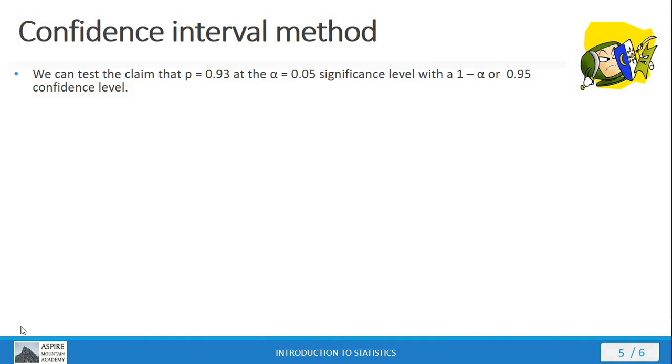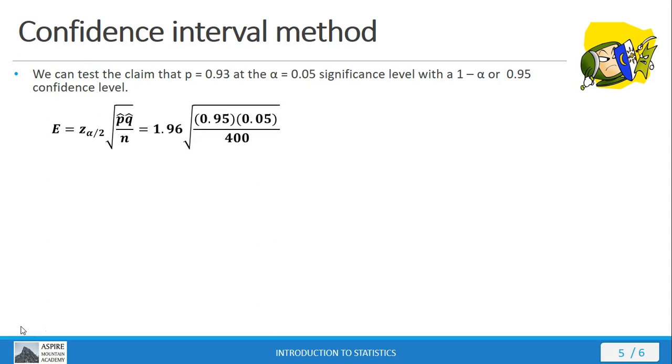Now let's take a look at our confidence interval. For this particular problem, we're testing the claim that the population proportion is 93%, and we're doing this at the 5% significance level, which means we have a 95% confidence level. So first we're going to calculate our margin of error. This is our margin of error equation. As you may recall, when we were looking at confidence intervals on proportions, we plug in the values that we have.